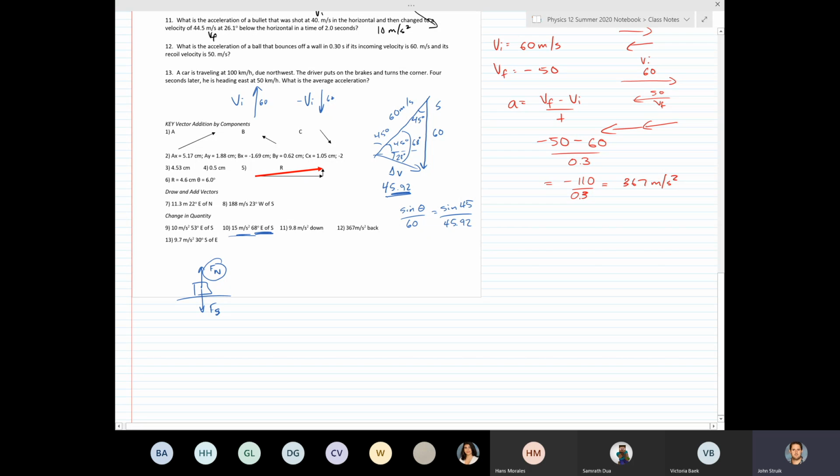Now, if you're just standing still on a scale, your FN is equal to FG, which is mg. And so your weight is measured in newtons. But notice how it's mass times gravity. So it's dependent on your mass, which is why mass is often called weight. But it's not the same thing. Weight is a force in physics.